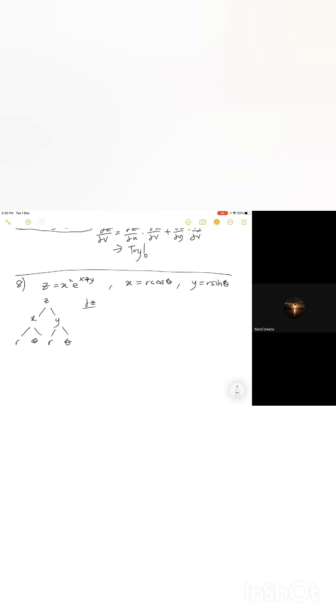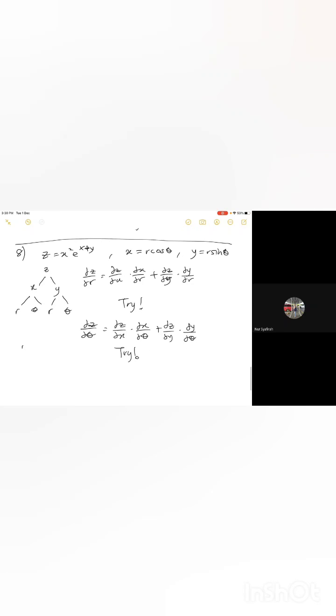To find del z over del r, you have to find del z over del x times del x over del r plus del z over del y times del y over del r. You may try. And again, for del z over del theta as well, it is del z over del x times del x over del theta plus del z over del y times del y over del theta.